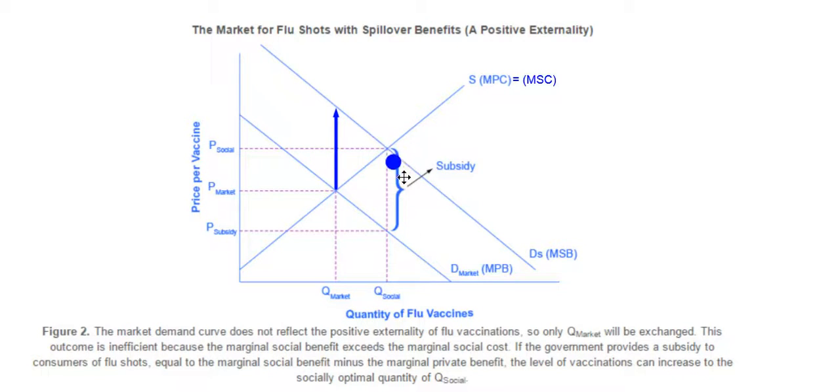So the subsidy, from here up, compensates the consumer for the higher price, and from here down compensates the producers for the higher production cost of producing more. So we go from here to here on our supply, and we're at a new demand curve as defined by the marginal social benefit.